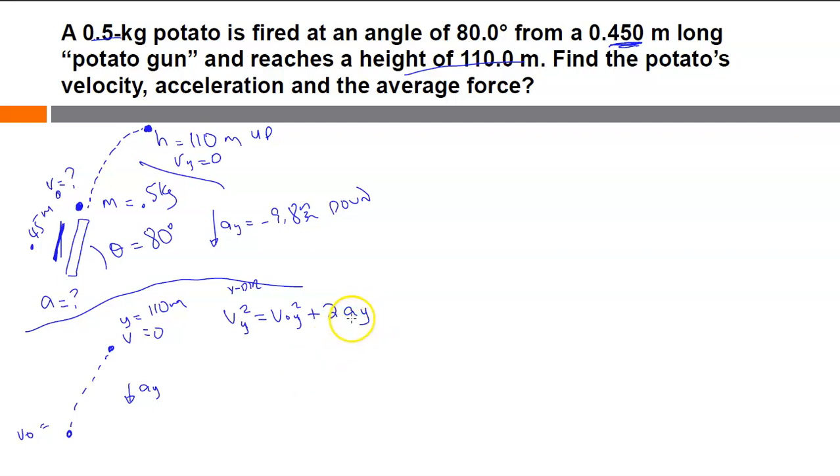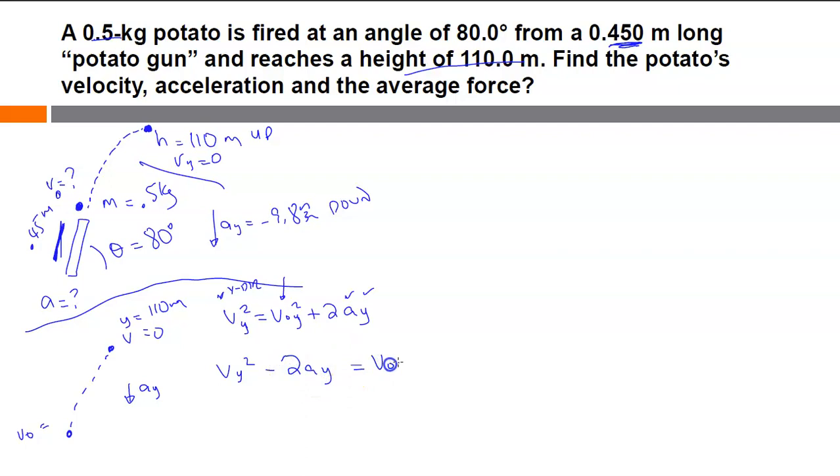It wouldn't hurt to come in here and put A sub Y, but I doubt it's going to let me get in there. So we'll just do that. I know the final velocity. I know the acceleration. I know the distance. That means I should be able to find V0. So let's subtract 2AY from both sides.